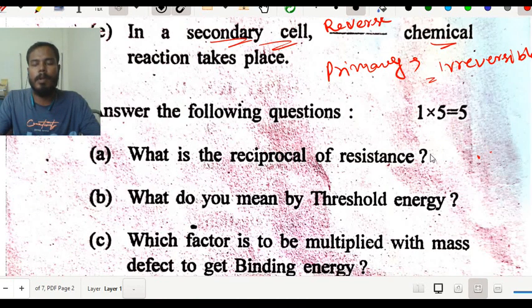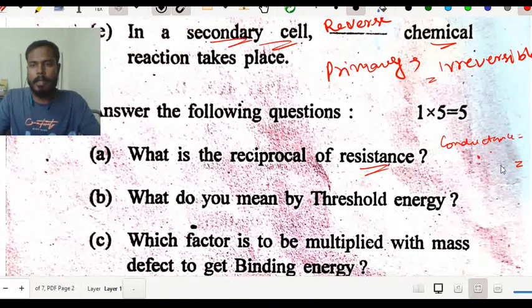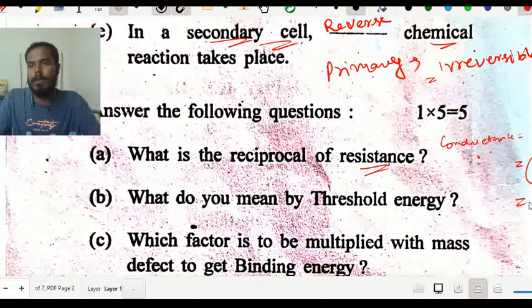What is the reciprocal of resistance? The reciprocal of resistance is called conductance. Conductance is equal to 1 by resistance. The unit of resistance is ohm, so the unit of conductance will be 1 by ohm, and this unit is called Siemens.